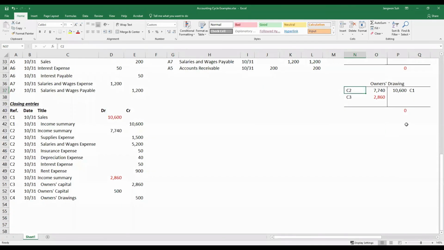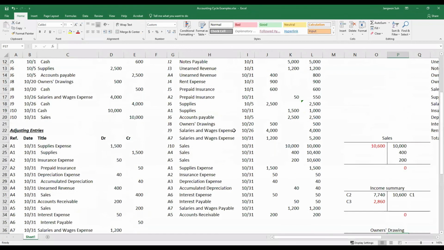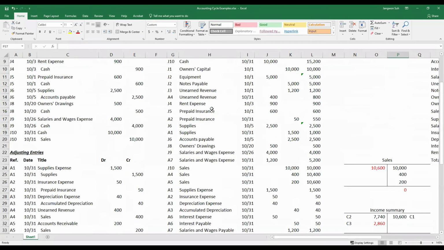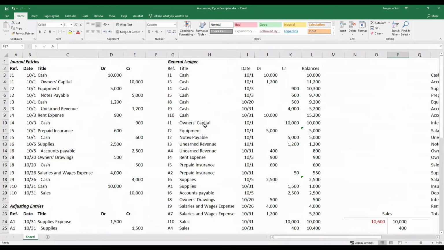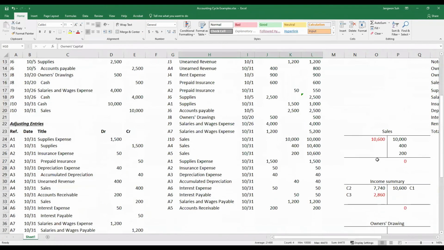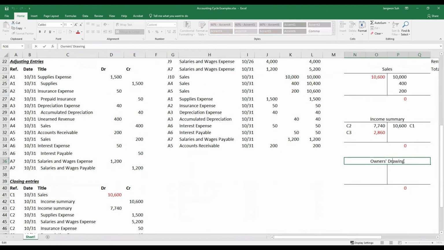What we did so far is the owner's capital account, which began from $10,000, right? Oh, sorry about that, capital.